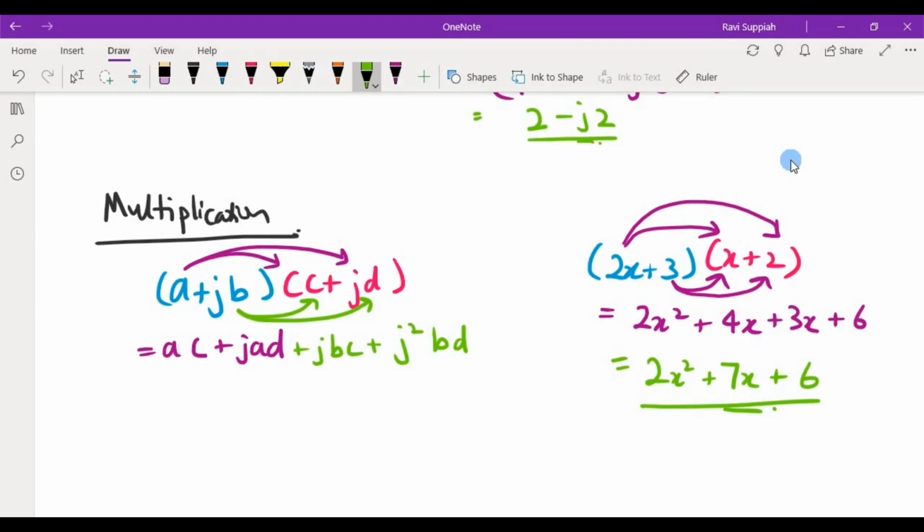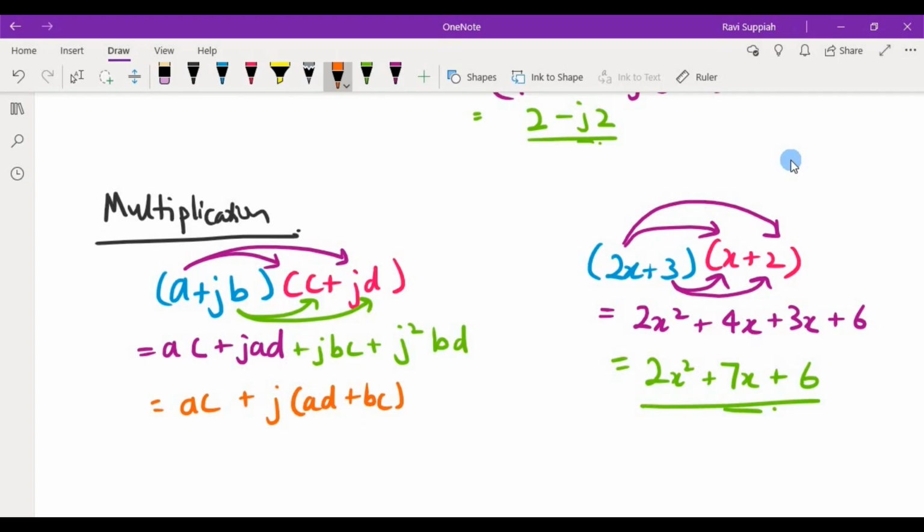Okay, next we do the same approach where we group the similar terms together. So I'll have ac plus j(ad plus bc), and you have this j squared bd over here.